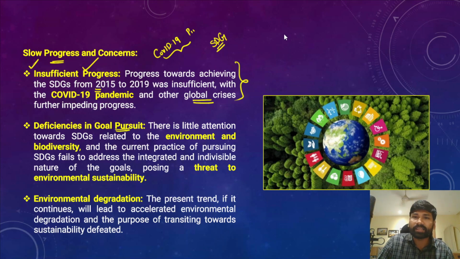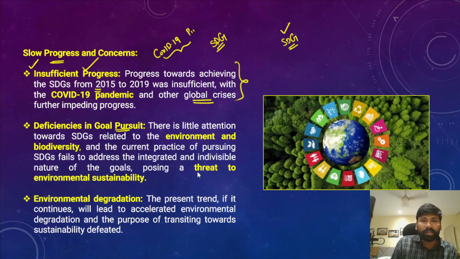Because if you look at the Sustainable Development Goals, environment is one factor that has to be given adequate attention, because there are goals like life below water and life on land. Okay, so environment protection is an important and key pillar of all these Sustainable Development Goals, but very inadequate attention was given to environmental protection and biodiversity.